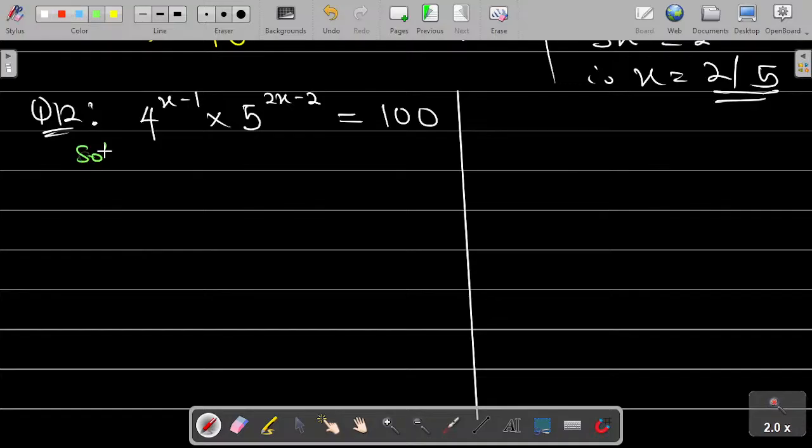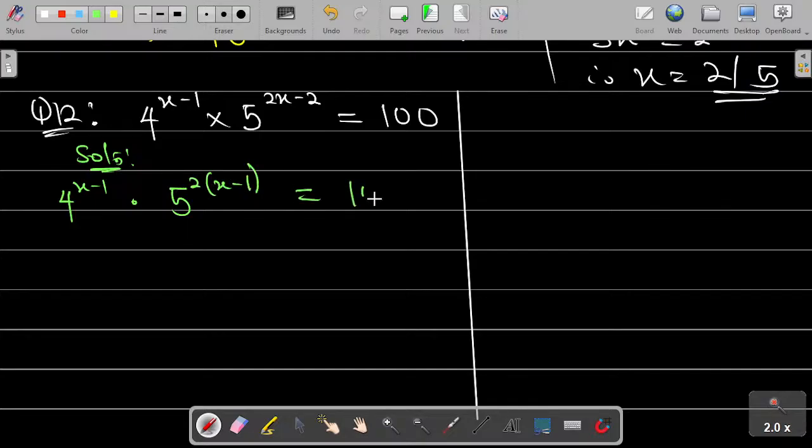Okay, so let's try to do that. First of all, you can see that the powers here are not the same, and the bases are not the same, so you can't factorize or apply any rule yet. But it is easy to change the power of the second one to become like the first. Are you seeing what I'm writing?